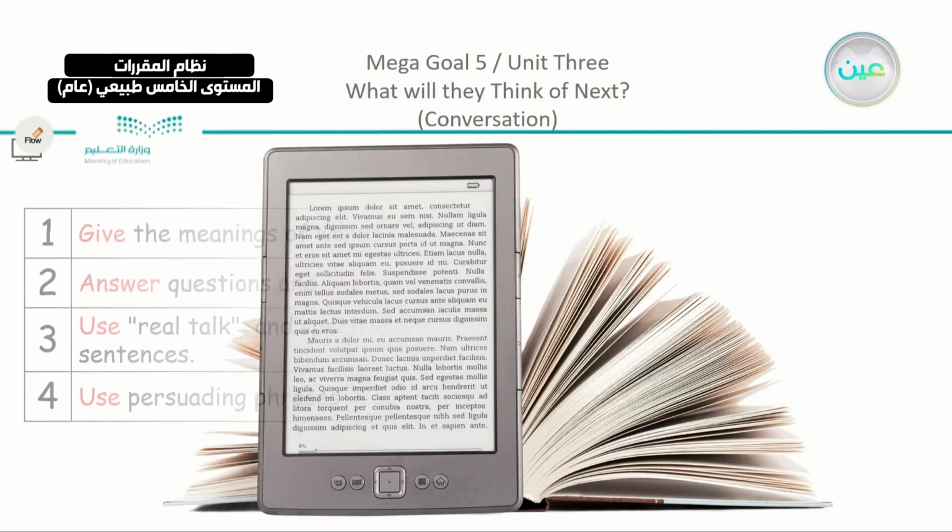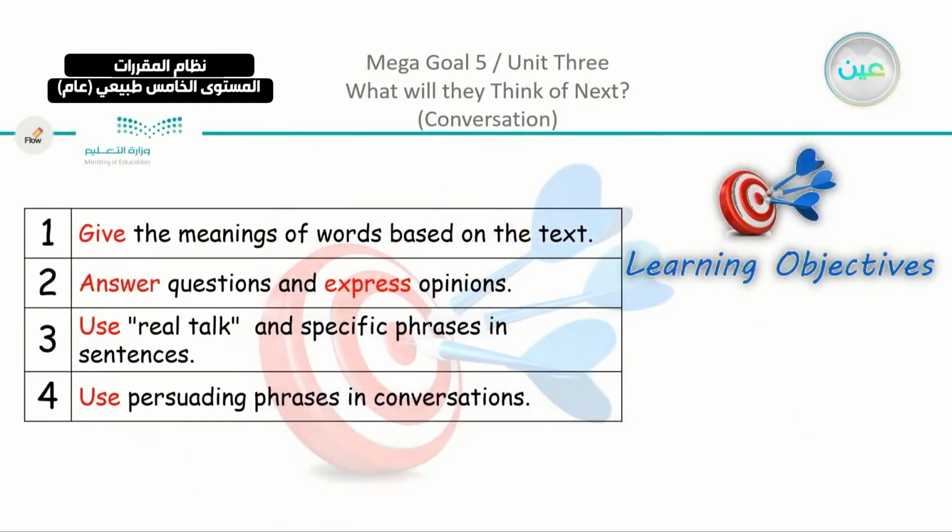Before we start with the conversation, we have the learning objectives of this lesson. To give the meanings of words based on the text, this is something very important. To answer questions and express opinions. To use real talk and specific phrases in sentences. To use persuading phrases in conversations. Now, the last one, we'll get to it.